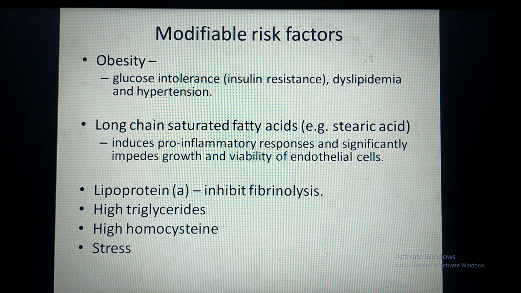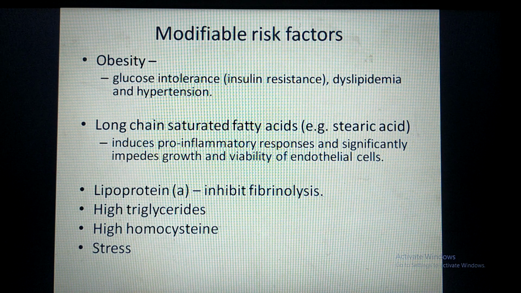That means it inhibits the process of fibrinolysis. Whenever fibrin deposit occurs at any place in the body, that fibrin is removed by scavenger cells of the body by the process of fibrinolysis. But this lipoprotein A inhibits the process of fibrinolysis.